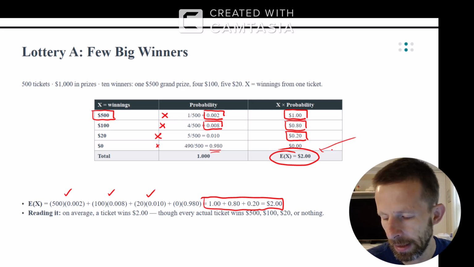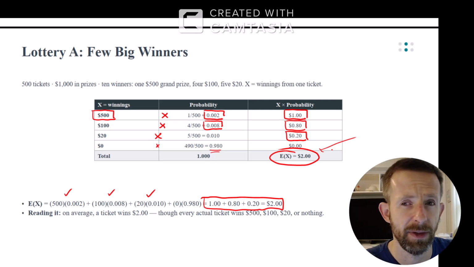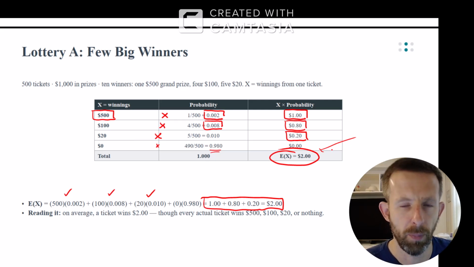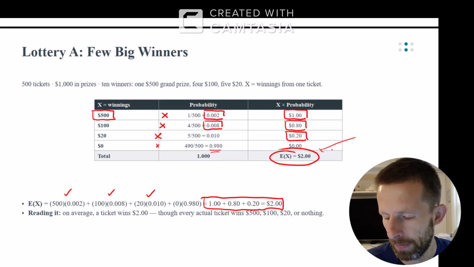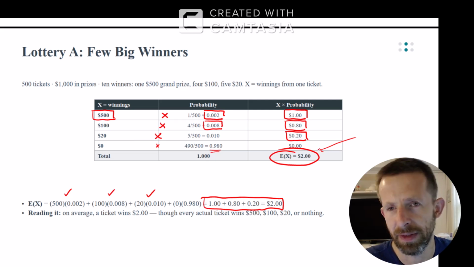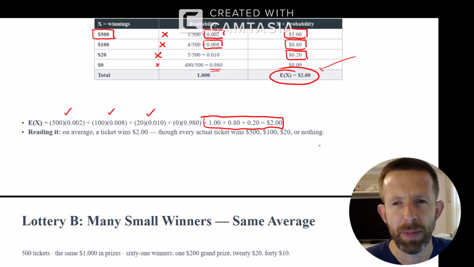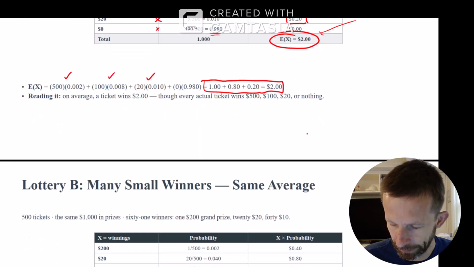So it's a good deal if every ticket costs less than $2. It's a bad deal if every ticket costs more than $2. If it costs $3, then it's a pretty bad deal in terms of expected value. You're basically losing $1 every time you play.